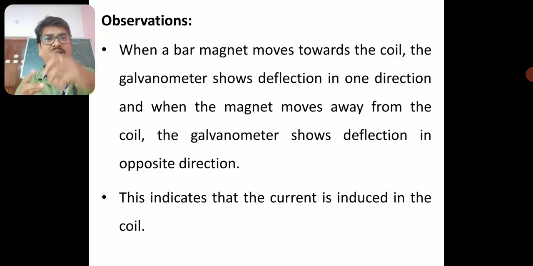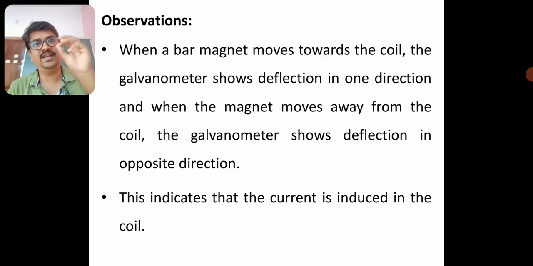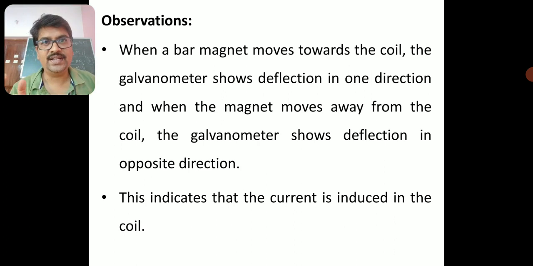Current is moving in the opposite direction. This indicates that current is induced in the coil. If there is a deflection in the galvanometer, this shows that there is some current in the circuit. Now the current is induced in the coil because the galvanometer is showing the deflection.